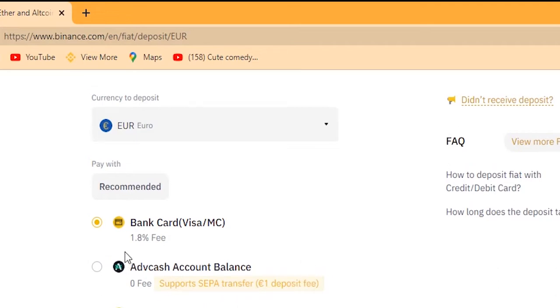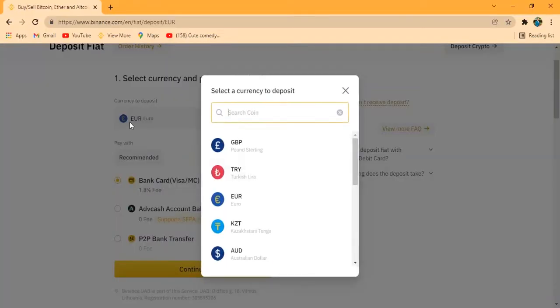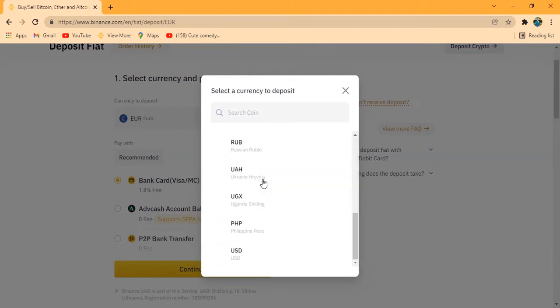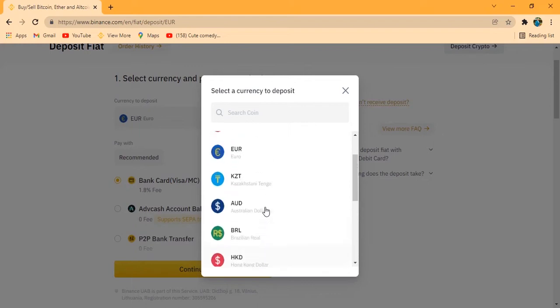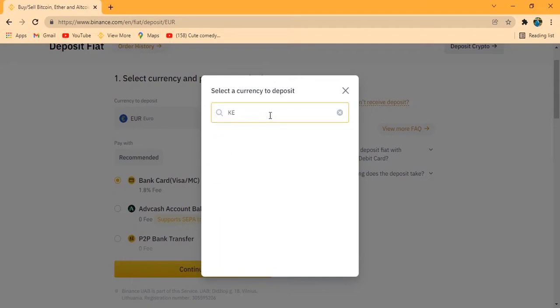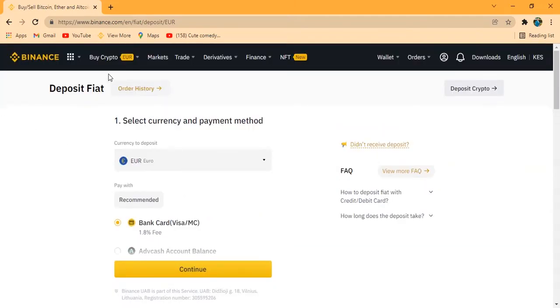You select the currency you want to deposit to your Binance account, for example Ugandan or Kenya shillings, USDT, or AUD, any amount of money you want to deposit. Then you click continue.